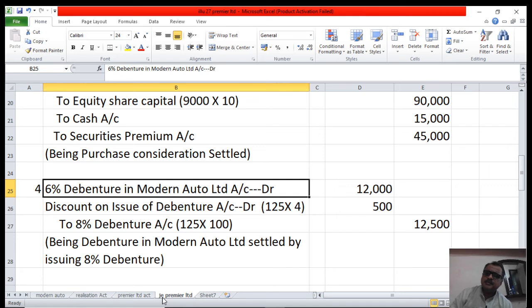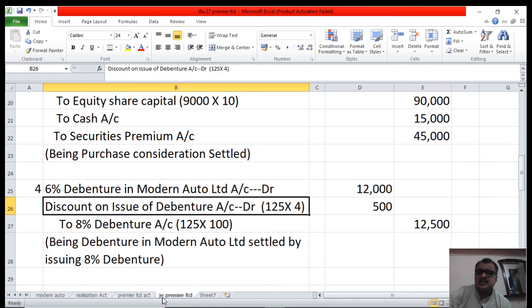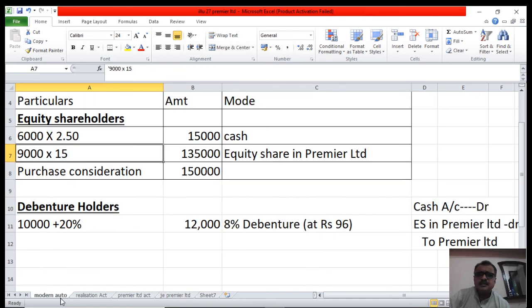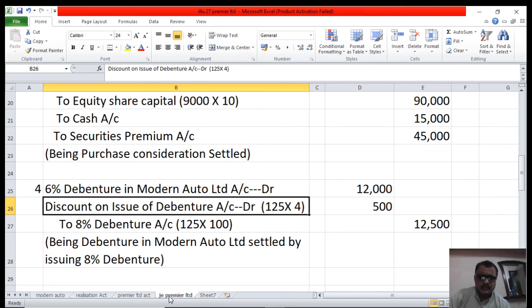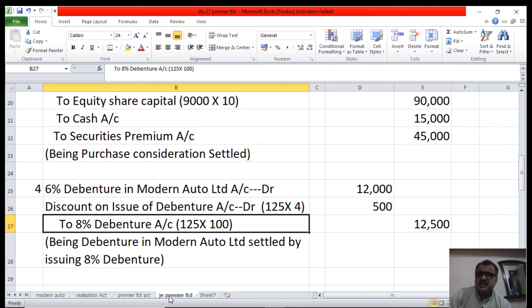Now next is payment to the debentures of Modern Auto Limited. The entry will be 6% debentures in Modern Auto Limited debit, discount on issue of debentures account debit. Why is this discount debited? Because it is mentioned that the debentures are issued at 96, so we have to debit the discount on issue of debentures and credit 8% debentures. How do we get the value?